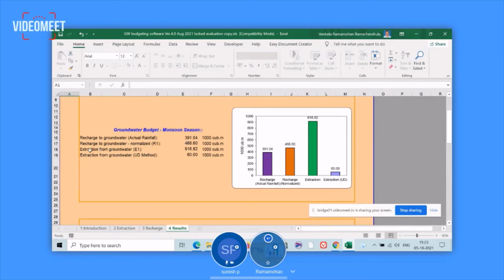And then on the extraction side, extraction from the groundwater, also extraction from the groundwater using the unit draft method. So this method uses the cropping pattern method, and then adds the industrial use, adds the domestic uses, and then calculates the extraction. But the second, unit draft method, takes the unit draft of a well used for, say, irrigation. There are 38 irrigation wells.